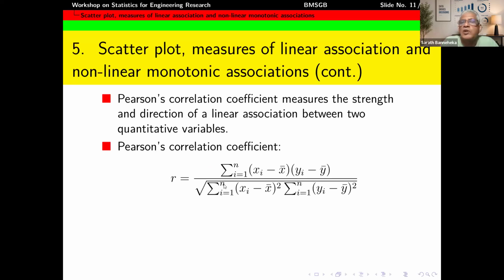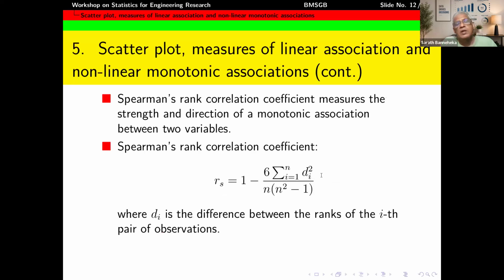I have just given you the formula, but usually you can get this using a computer package. Pearson's correlation coefficient measures the strength and direction of a linear association or linear relationship between two quantitative variables. It is usually denoted by simple r. These are xi, yi values, x bar, y bar, the usual things that you know.